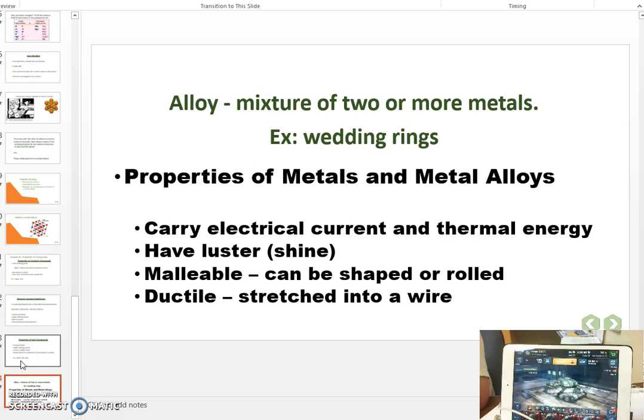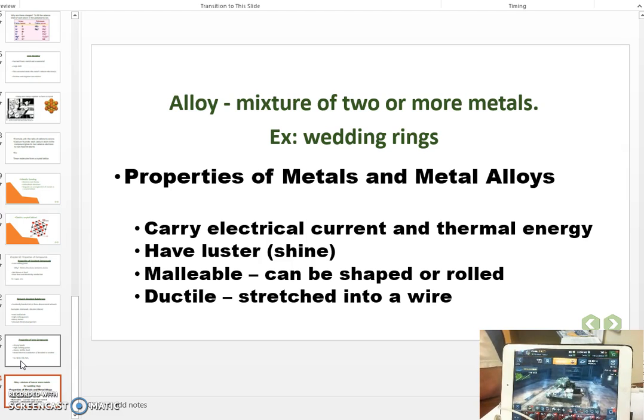So, alloy. As we're winding down our chapter here, an alloy is a mixture of two or more metals. We've seen alloys in many, many things, like wedding rings, for example. Typically, it's a mix of gold with some silver. I know there are titanium wedding rings, there are platinum wedding rings, there are different kinds.